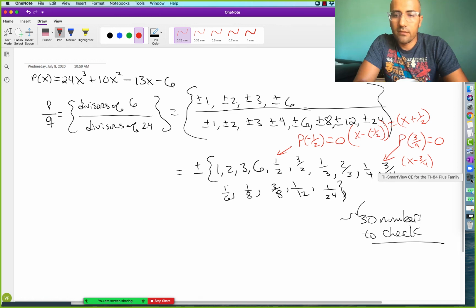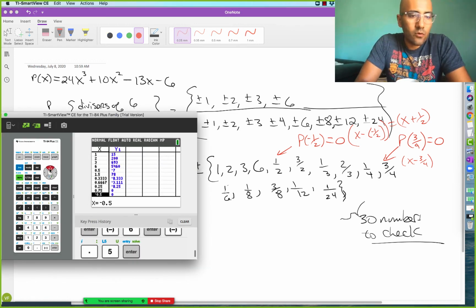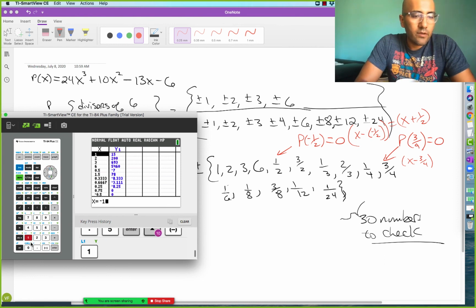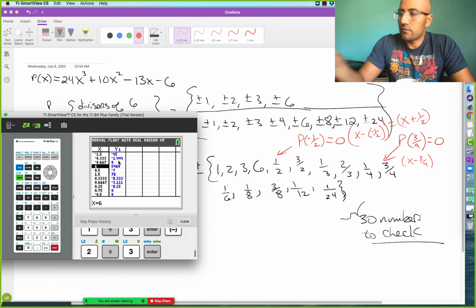So I'm at negative 1/2. So let me scroll up here. I've tried negative 1/2. How about negative 1.5? Negative 1.5. Nope. Negative 1 divided by 3. Negative 2/3. Negative 2 divided by 3. Yep, we found it. Negative 2/3.